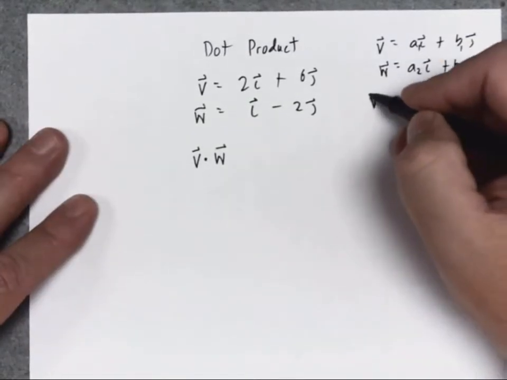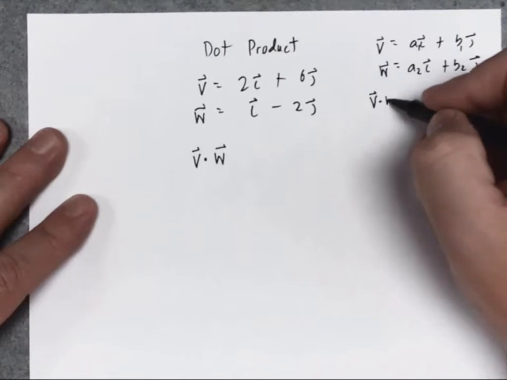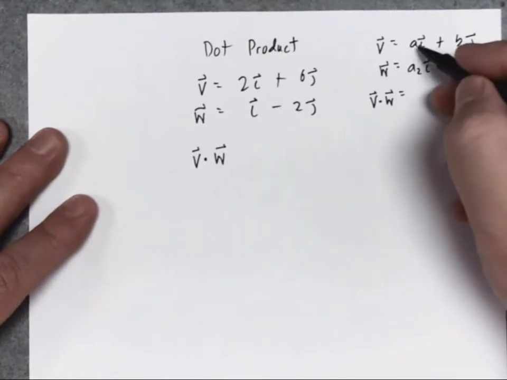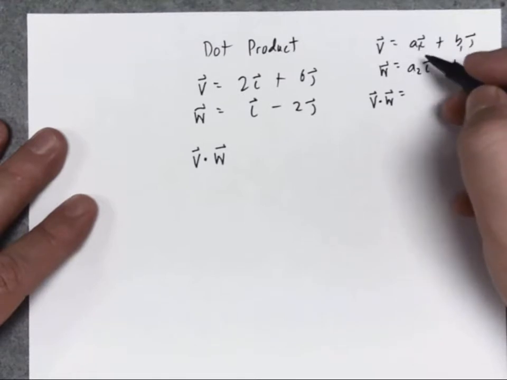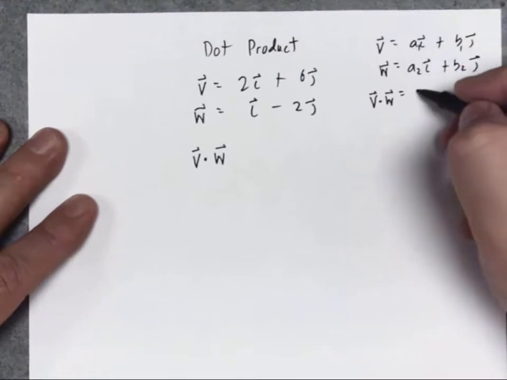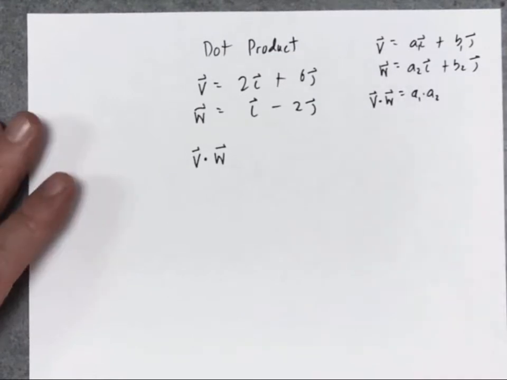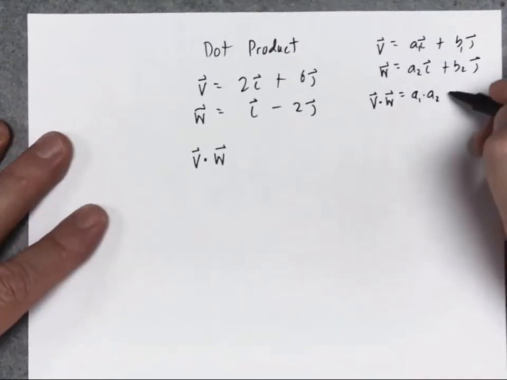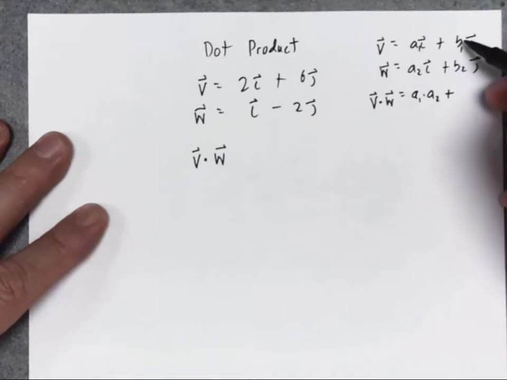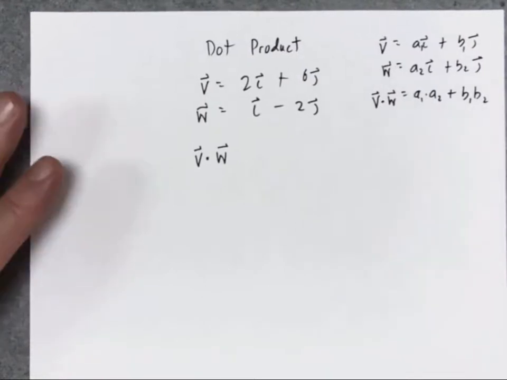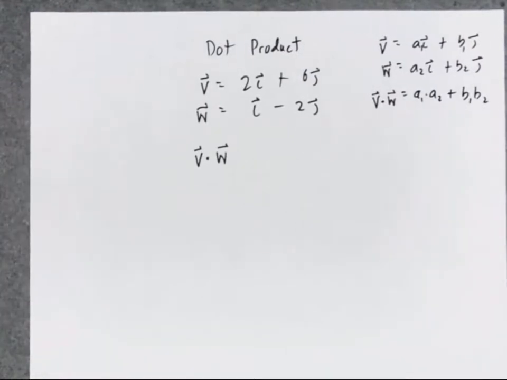Then the dot product is actually very straightforward. You take the i parts of the two vectors and you multiply them together, a1 times a2, and then you add the product of the j parts of the vector. That's the dot product.